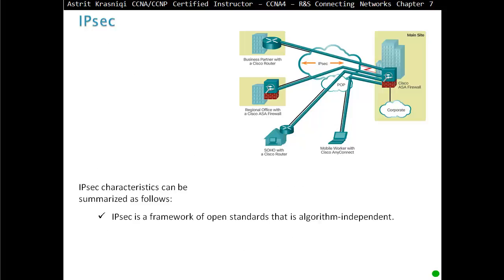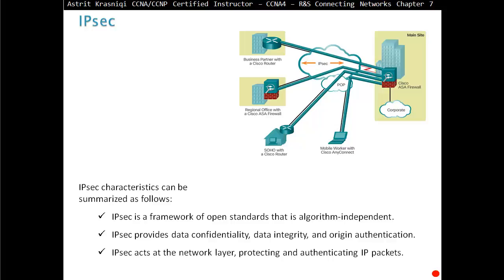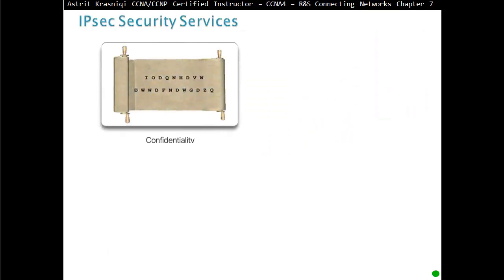IPsec characteristics can be summarized as follows. IPsec is a framework of open standards that is algorithm independent. IPsec provides data confidentiality, data integrity, and origin authentication. IPsec acts at the network layer, protecting and authenticating IP packets.